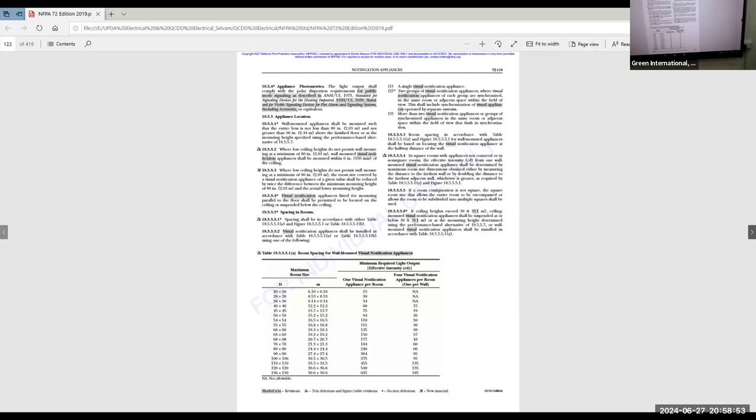We have Sunday. Again, from an exam point of view, just refer to 3 and 14. Definitely you get more answers from these standards, especially NFPA 72.